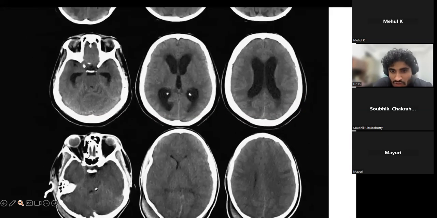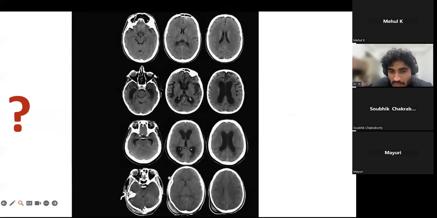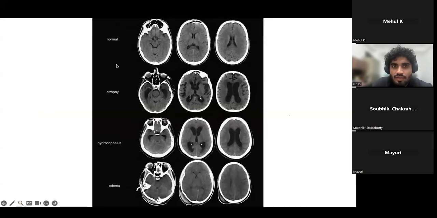Okay, there can be diffuse cerebral edema, because of which it is completely obscured. When it is bilaterally diffuse, it will be difficult for us to comment on that part as well. Okay, so this one is what? Is it normal? This is a normal one. In this one, all three, sulci, ventricles, and cisterns, are enlarged.